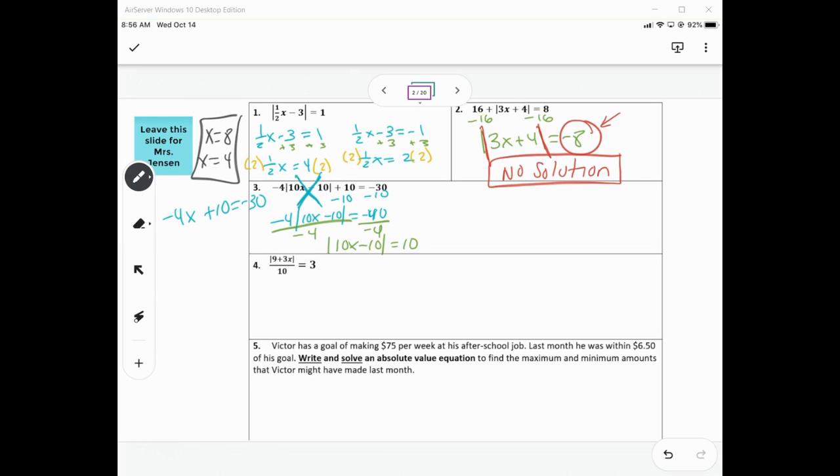So now we have it isolated, and we're ready for the 2 equations, the positive and the negative. Next would be to add 10 to both sides to solve.